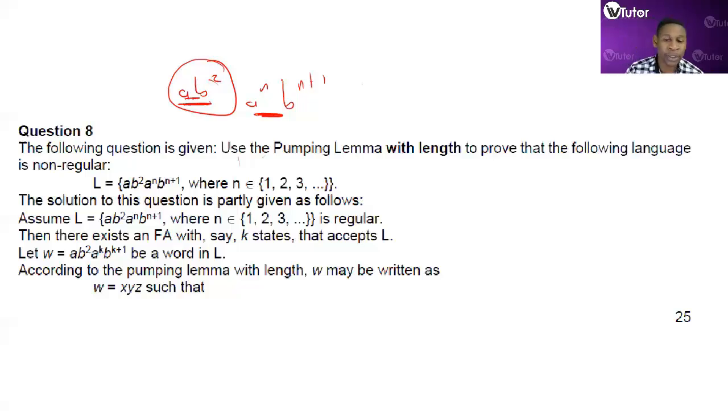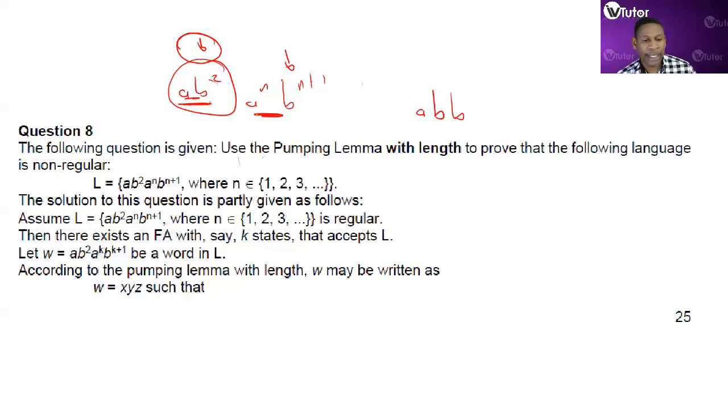And then we can also say, if y contains b's only, right? It's either one of these b's or these b's. If it is this set of b's, then it means our first three letters are not going to be a's, right?